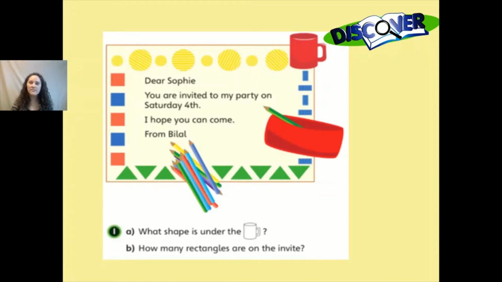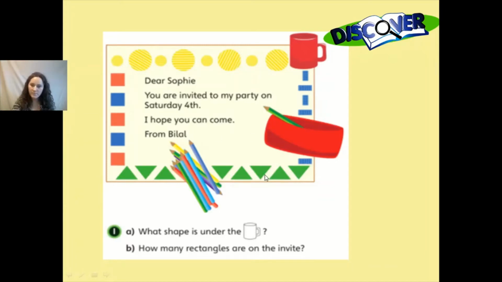Have you done that? Fantastic. I'll show you some of the patterns that I've noticed. Along the top, I noticed small circle, big circle, small circle, big circle, small circle, big circle. Along this side, I noticed the pattern red square, blue square, red square, blue square, red square.